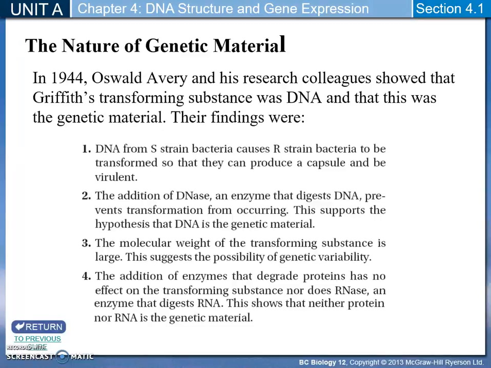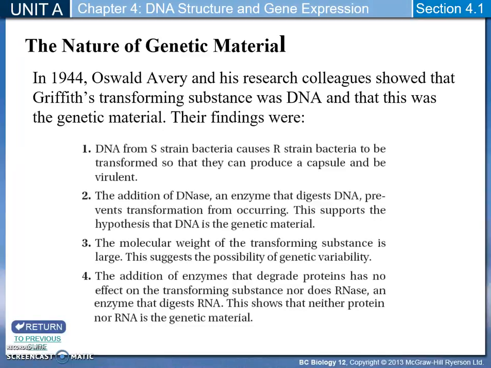So this supports the hypothesis that DNA is indeed the genetic material. The molecular weight of the transforming substance is large, so this suggests the possibility of genetic variability. Anytime that you have very large molecules, there is always the possibility of changes occurring, and so that again would suggest the ability for genetic variability if indeed this was the actual substance.